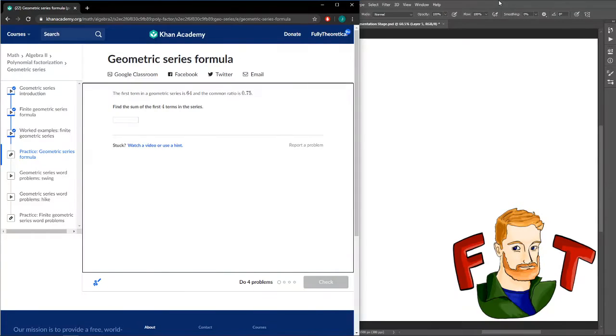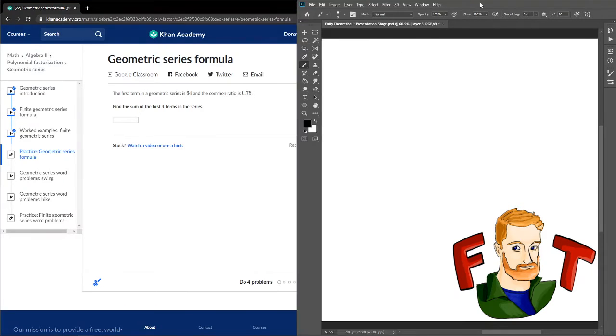Let's look at the first one here. The first term in a geometric series is 64. So 64 is the first term, and the common ratio is 0.75.